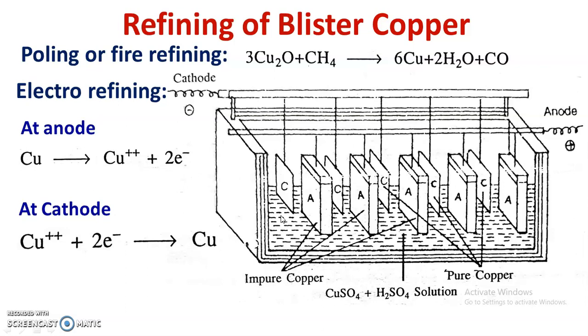Sometimes when the blister copper contains noble metals like gold, silver, platinum, these noble metal impurities are not affected by the electrolytic solution of copper sulfate and sulfuric acid, and settle down as anode mud, which is further recovered by other metallurgical techniques.